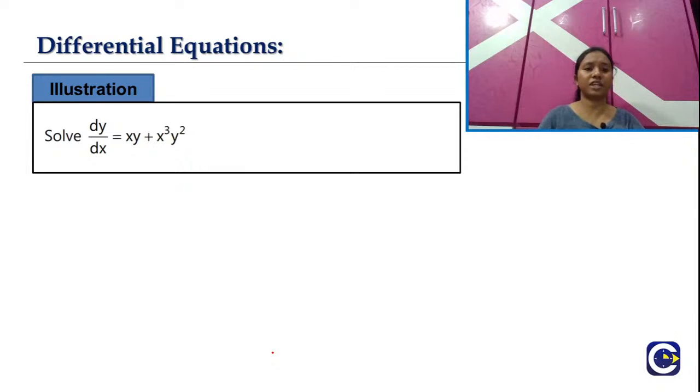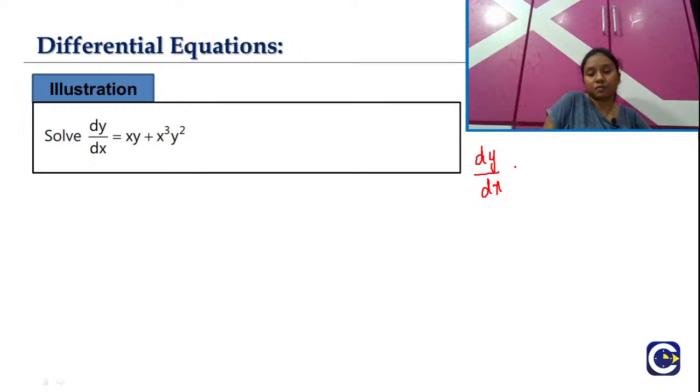First just try to rearrange the terms and have a look at the result, and after that you can solve it, like whether we can substitute something or what we can do. Bernoulli's form will be dy by dx plus p into y equal to q into y power n.